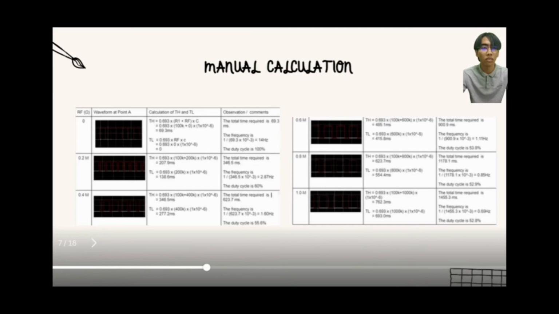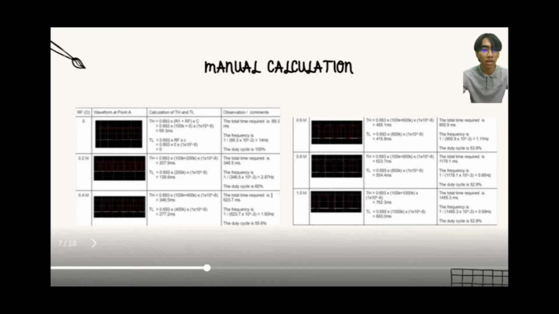For the 0 ohm, we can see that TH is 69.3 milliseconds, but the TL is 0. We can see from the waveform that we have only the TH. TL we don't have. And then we move to the 1 megaohm. We can see that the TH will be bigger and the TL has a value but less than TH.